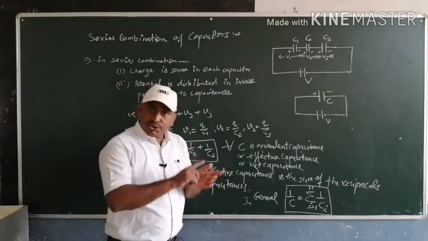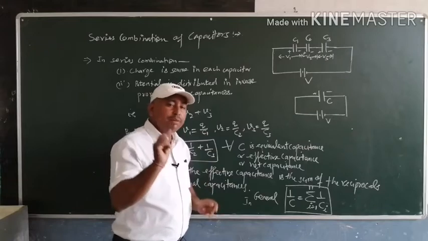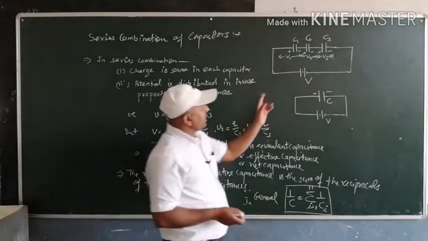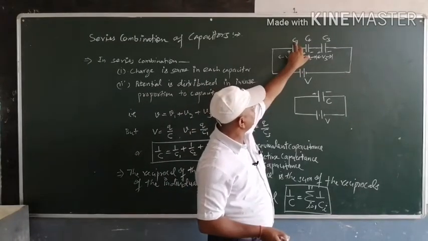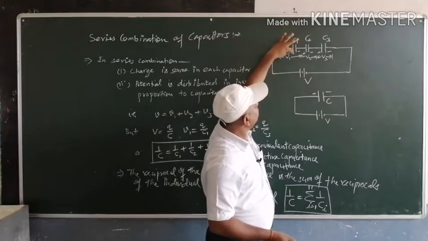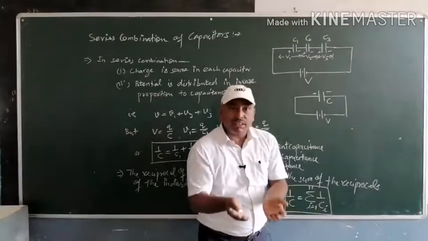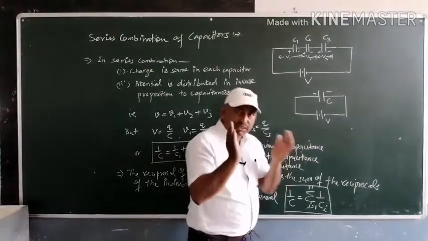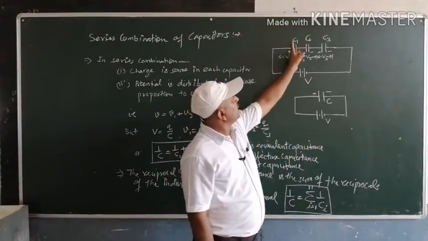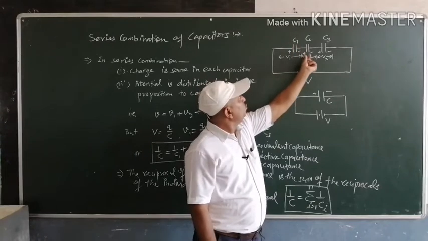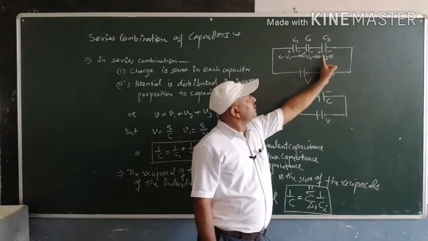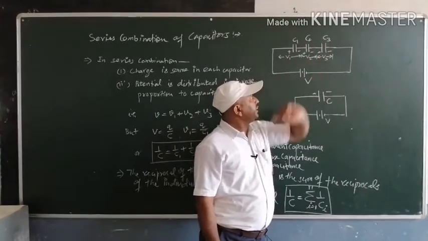Suppose the charge stored in each capacitor is Q. Then if V1 is the potential across the first capacitor, V1 can be defined as Q upon C1. Similarly, V2 is Q upon C2 and V3 is Q upon C3.